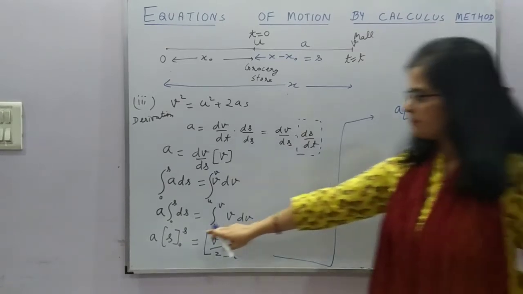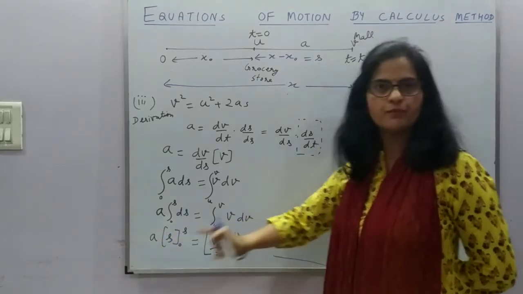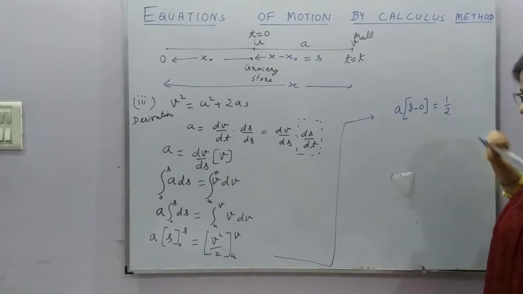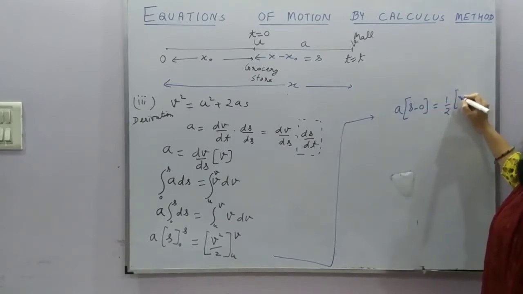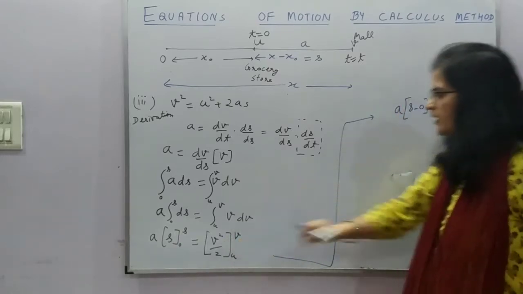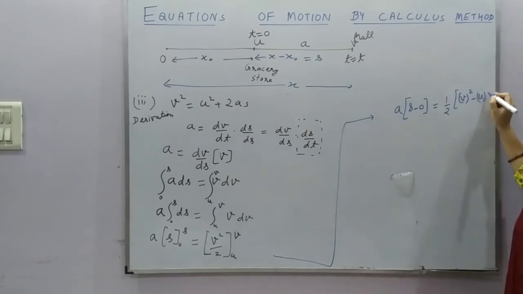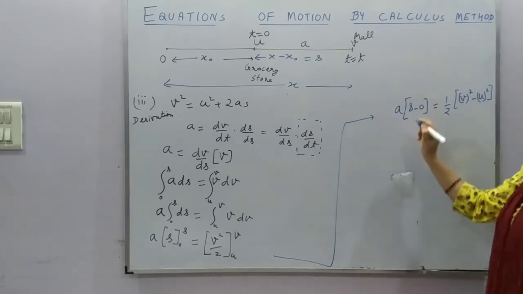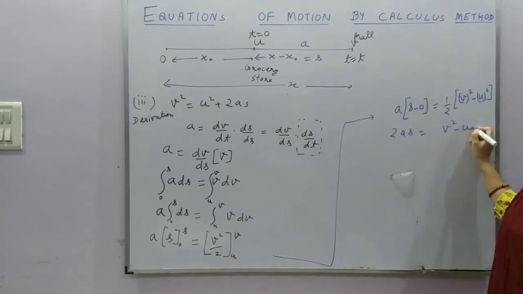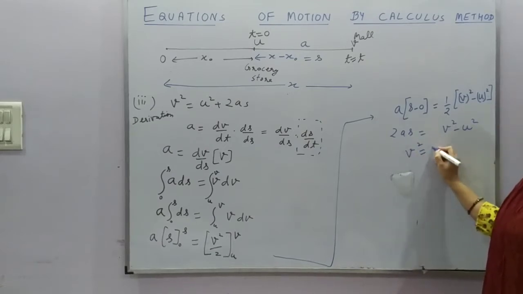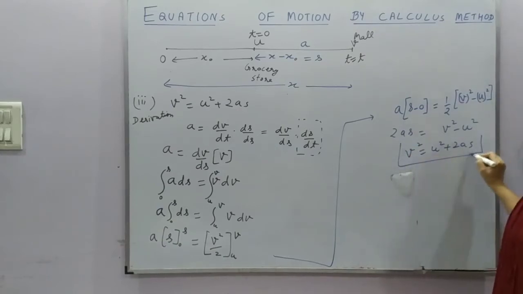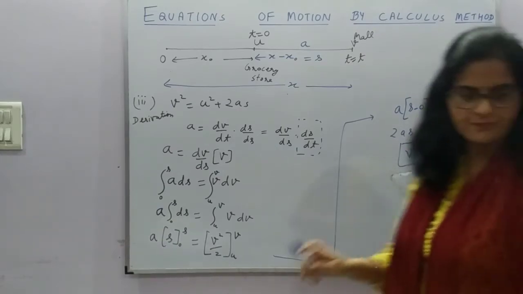Because we have to replace the upper limit first and then subtract the lower limit. Here the 1 by 2 can be kept outside. Now the upper limit is v, so this is v square, then for the lower limit it is u square. So this is v square minus u square. If I cross multiply, this will be 2as is equal to v square minus u square, and this gives us v square is equal to u square plus 2as. So this is our third equation of motion, right?